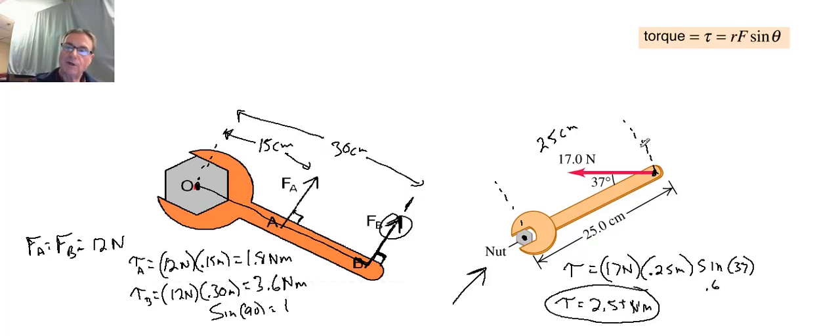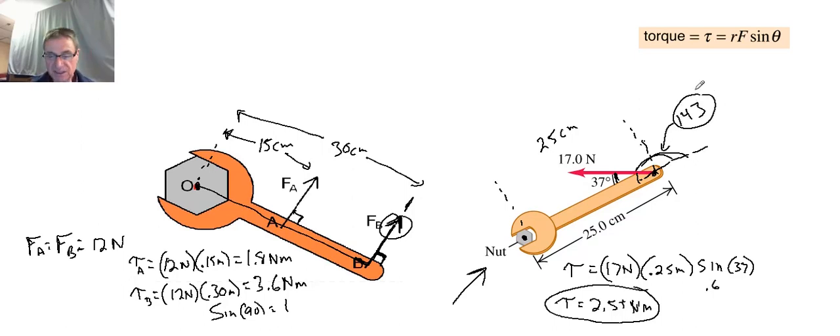Now, how do we know what angle to use here? How do we know whether to use this angle or this angle? If I draw this straight line out here, this is 180 degrees from here all the way to here. And so this angle in here is 180 minus 37, which would be 143 degrees.